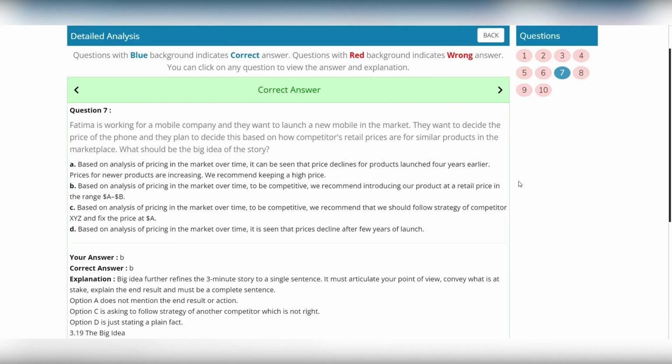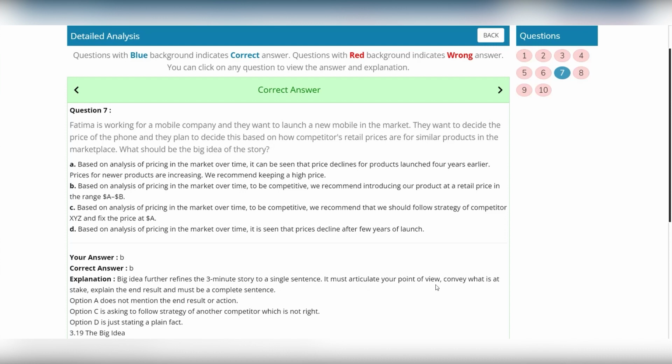So option B is the correct answer here. Option B states that based on analysis of pricing in the market over time, to be competitive, we recommend introducing our product at a retail price in the given range. So here we are talking about the big idea, right? Big idea of the story. So big idea further refines the 3-minute story to a single sentence.